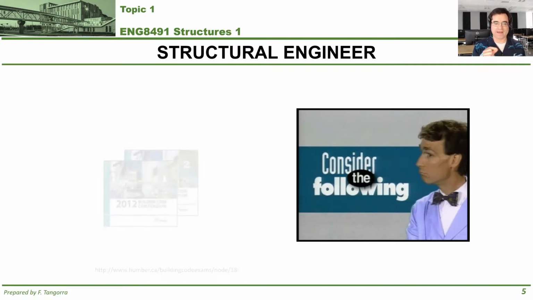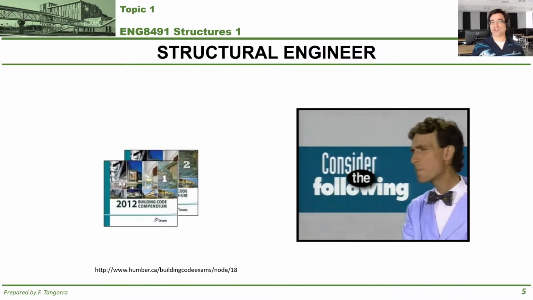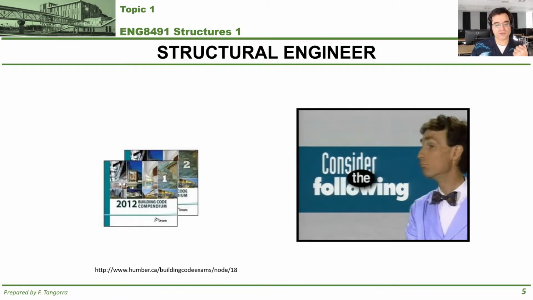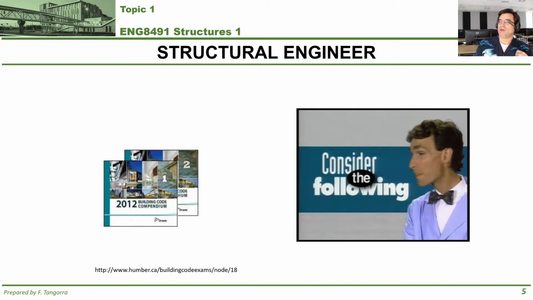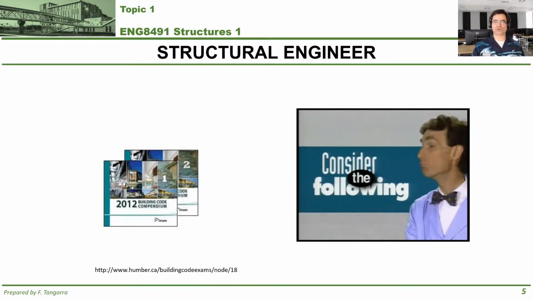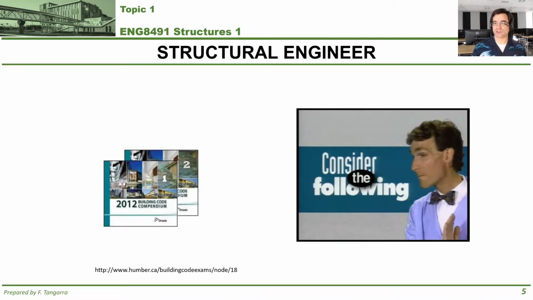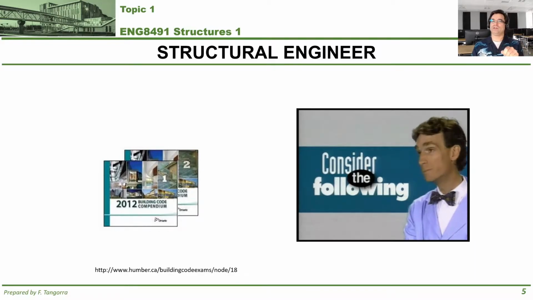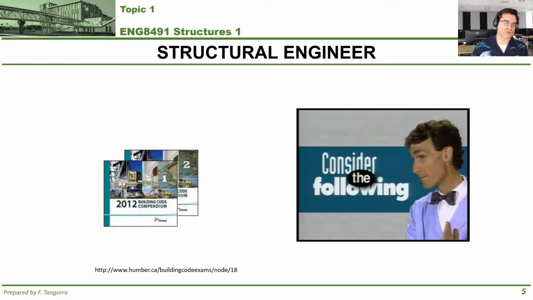In addition to that, professional engineers, and as we're talking, structural engineers, must abide by the rules of the province. In Ontario, the rules of the province that govern construction are for the most part codified in the Ontario Building Code, the latest edition of the Ontario Building Code. And not because the building code is law, but because the law in Ontario says that you must use the building code.